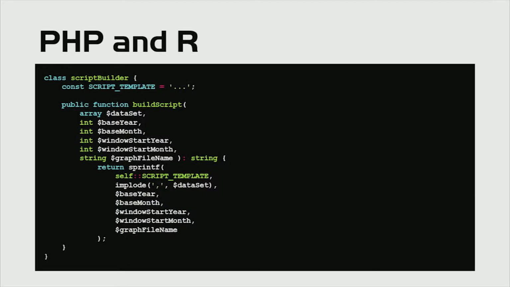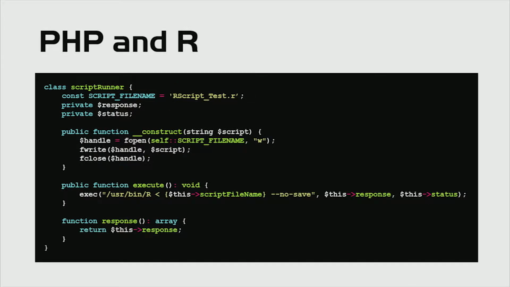And I create myself a little script builder that takes that template R script, injects the values that I want from the data set, assume I'm passing the data set as an array, it comma separates it out. Yeah, I know there's no validation checks to be sure it's all numeric data. It wouldn't fit on the screen if I did all that. Hopefully it is actually readable for you though. And then create a script runner.